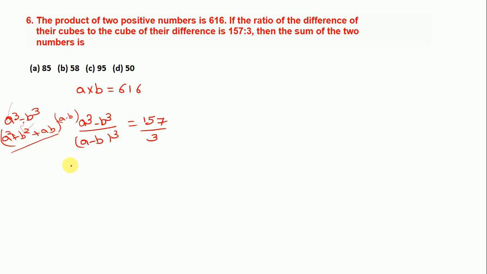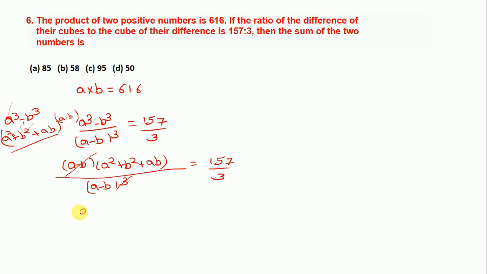So putting this value a minus b, a square plus b square plus ab, and now a minus b whole cube as it is, and 157 divided by 3 as it is. Now this will be cancelled by this, so a square plus b square plus ab over a minus b whole square is equal to 157 by 3.